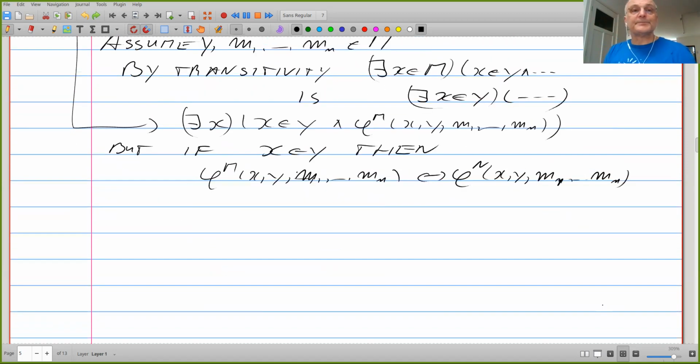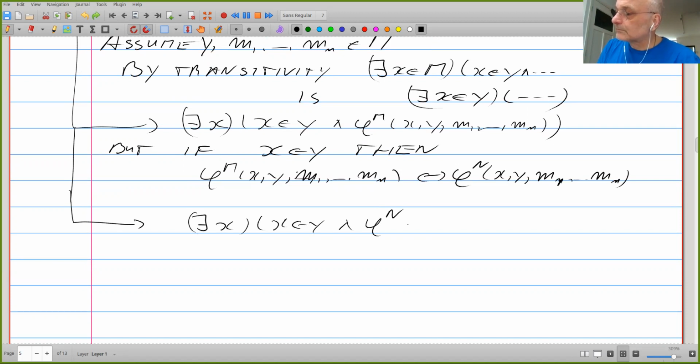And so we can simply replace the phi M by the phi N. And by transitivity again, this means that there is an X in N such that this happens.